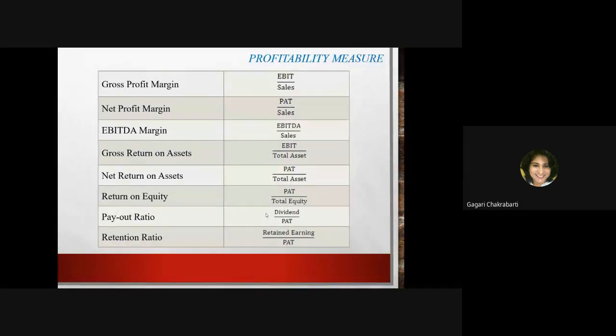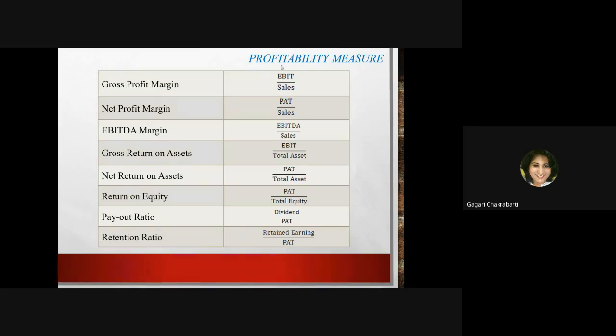So what are the profitability measures? As I have discussed earlier, I'll be talking about the actual profitability measures and the perceived measures also. The actual profitability measures that are most commonly used are the gross profit margin and the net profit margin. This gross profit margin is the earning before interest and taxes per unit of sales.